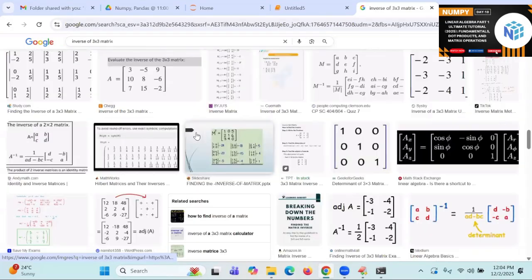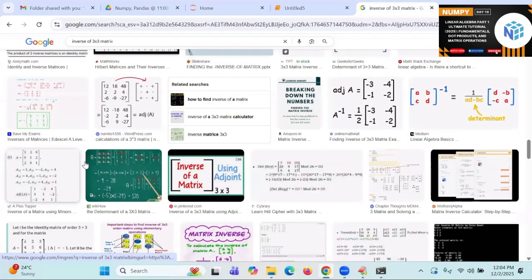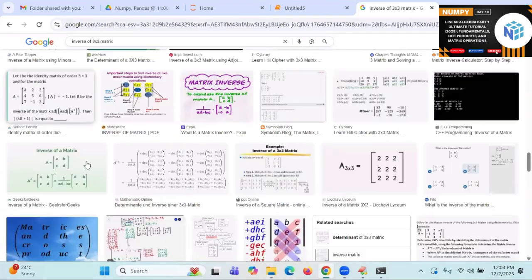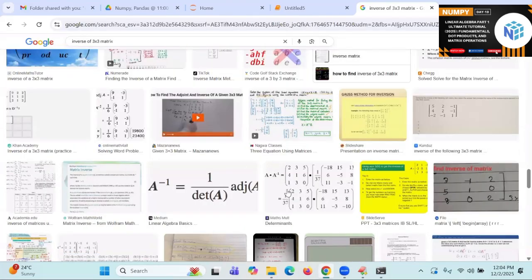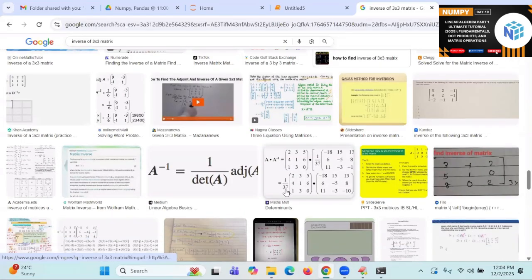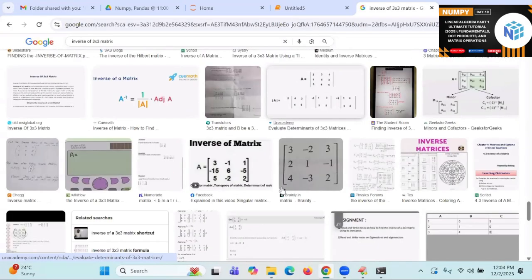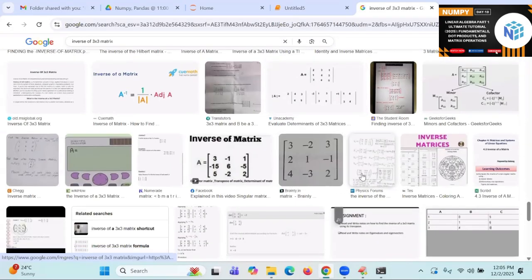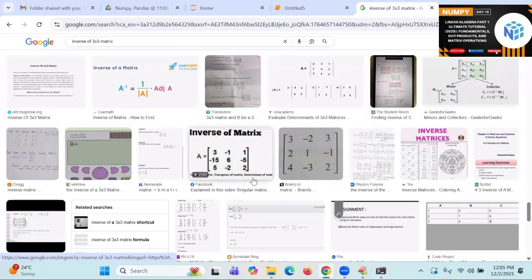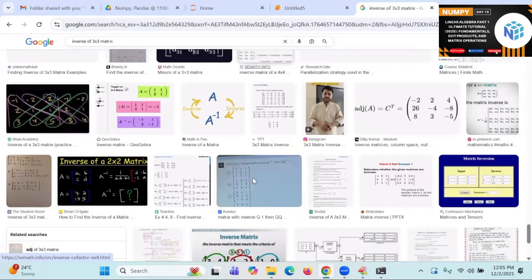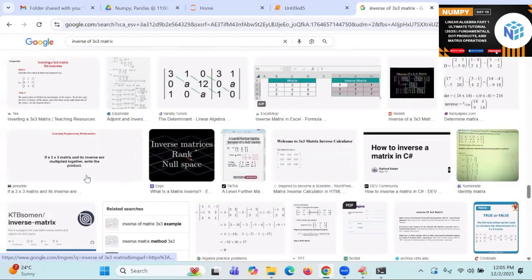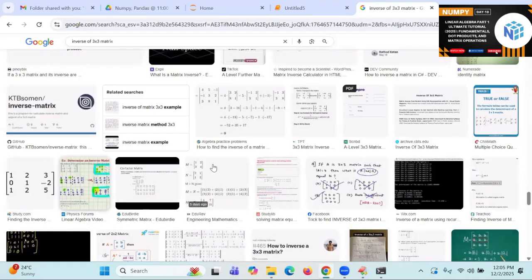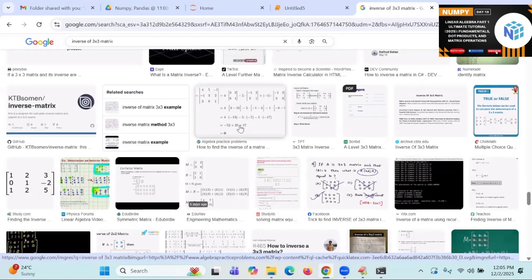If a solution and answer is there, we will write it directly. This one, no, this is determinant is finding.